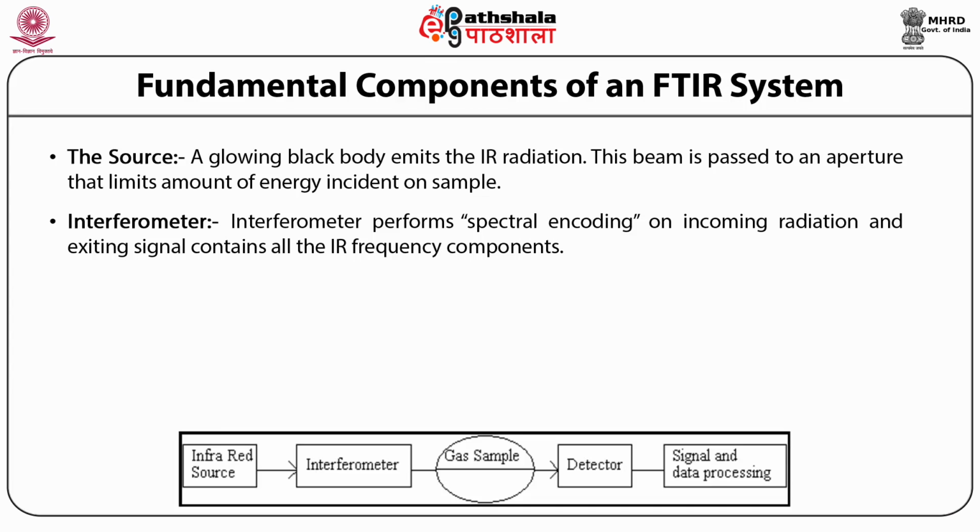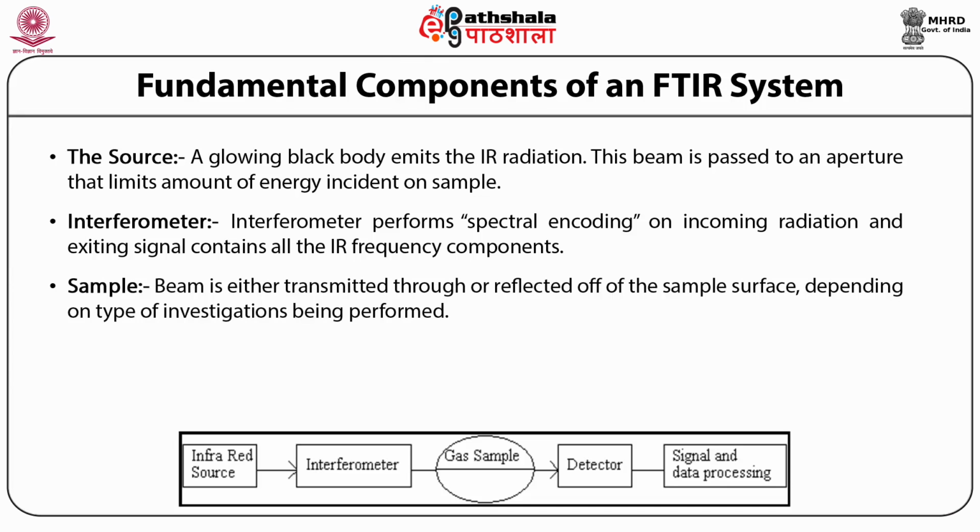The interferometer performs spectral encoding on the incoming radiation, and the exiting signal contains all the IR frequency components. Third is the sample. The beam is either transmitted through or reflected off the sample surface, depending on the type of investigation being performed. The sample absorbs energies at frequencies characteristic to it.